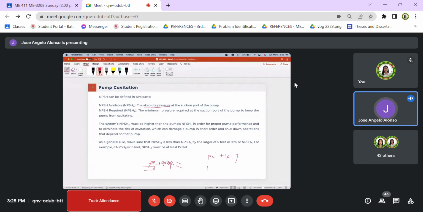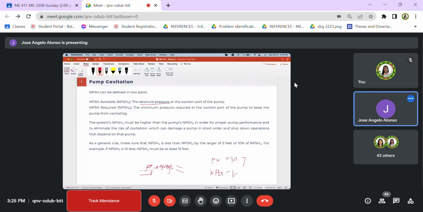Then kapag KPA naman, we need to add 101.325 to make it absolute pressure. So once again, kapag pinag-uusapan natin is net positive suction head, kailangan natin i-convert ang gauge pressure na gagamitin natin into absolute pressure.